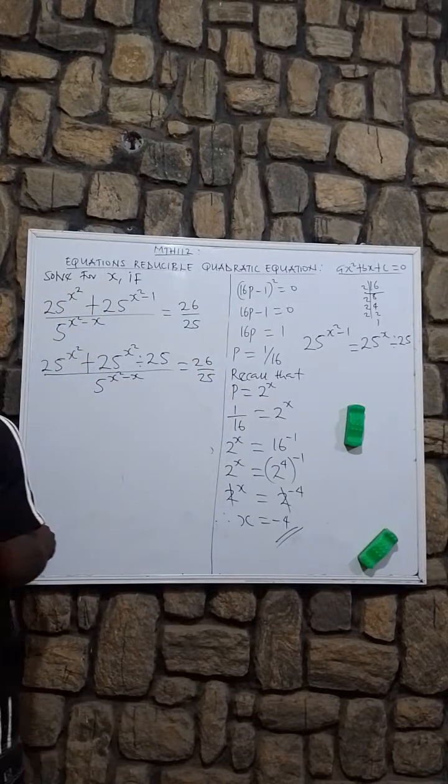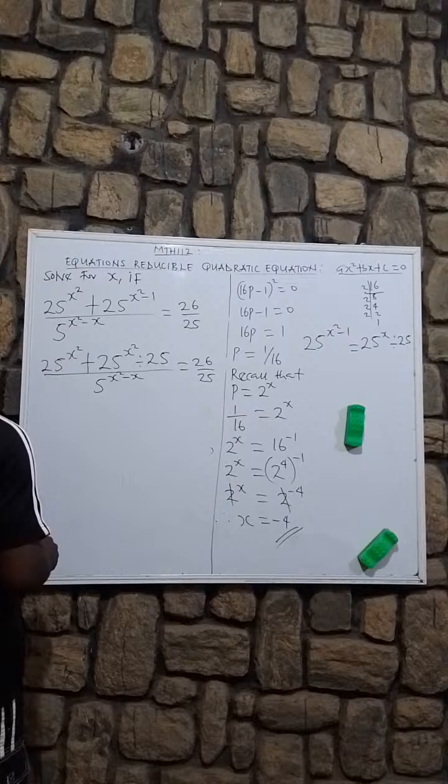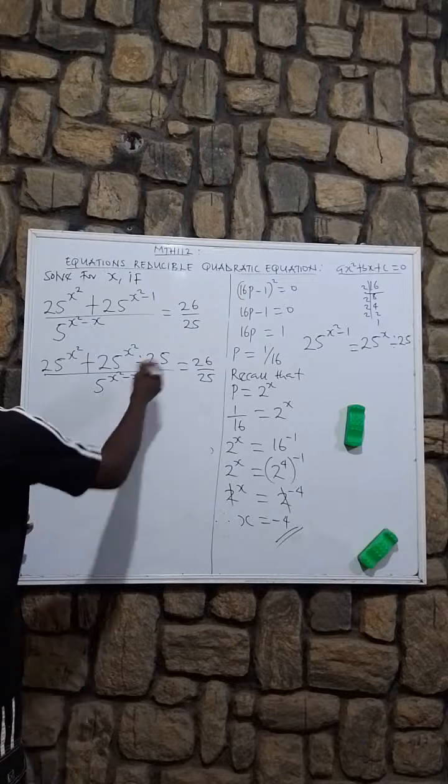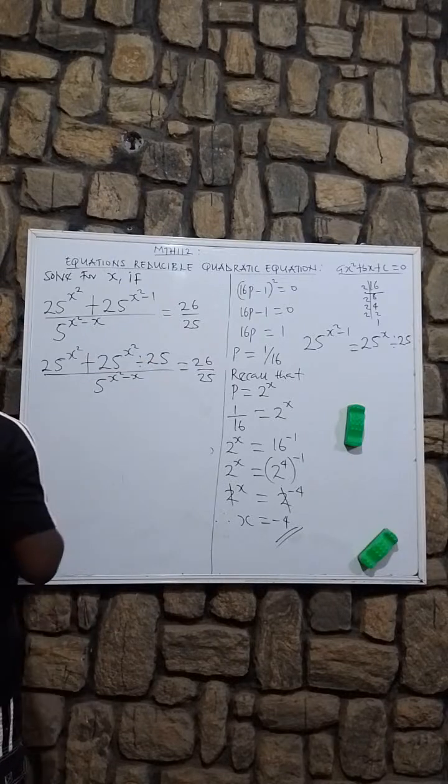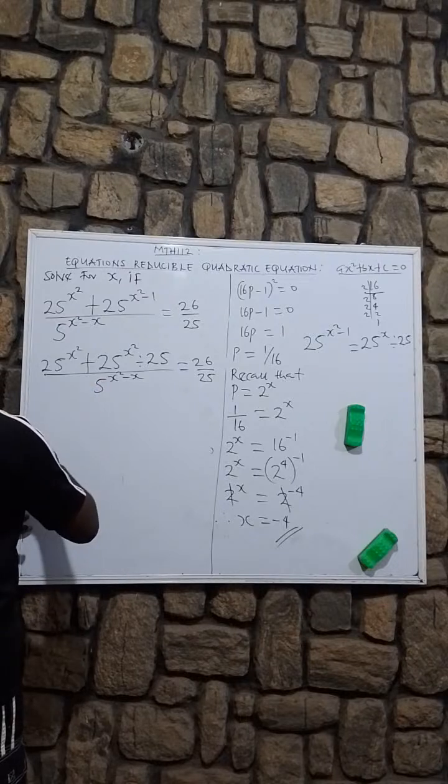So here, if you can see what I am saying, we can reduce this way, since 5 is the base.